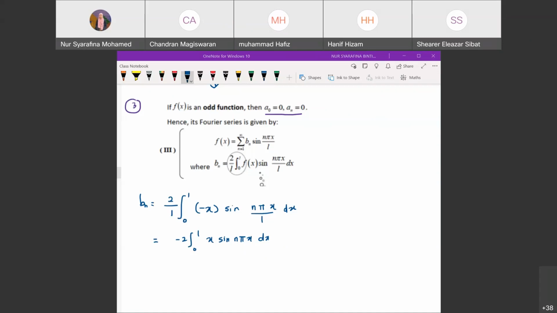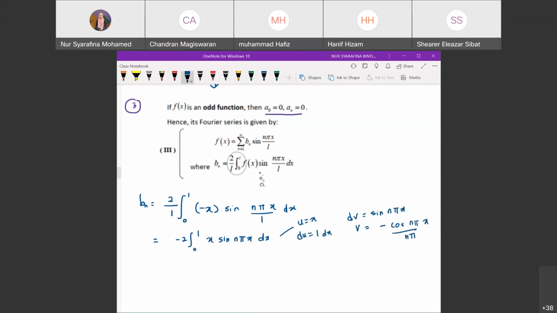N is n. Okay, n is n. All right, now, so let's say you will use integration by part. So your u is x and dv is sine n pi x. Okay, so here differentiate, you get 1 and v integrate, and then you get negative cos n pi x over n pi.